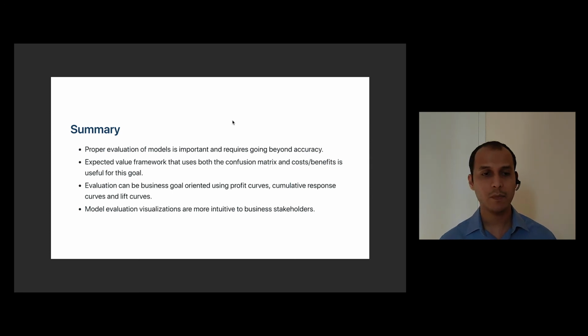This evaluation of classifiers can be business goal oriented using the three curves that I mentioned: profit curves, cumulative response curves, and lift curves. These are visual in nature, so they can be made intuitive to business stakeholders.